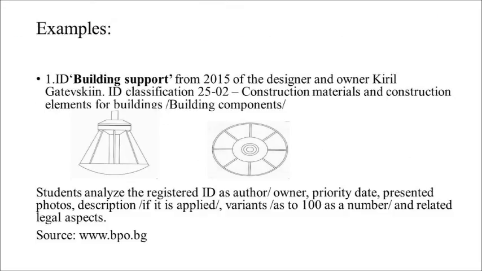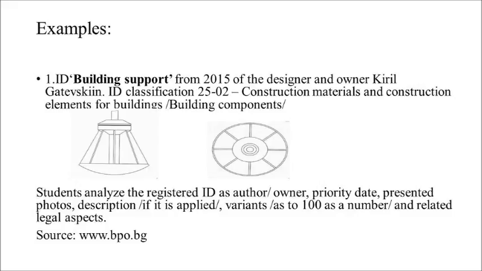Some examples: an industrial design under the name Building Support from 2015, of the designer and owner Kirill Gatovsky, and Industrial Design Classification Index 2502, Construction Materials and Construction Elements for Buildings.